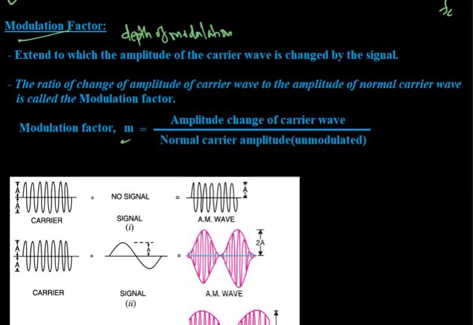The normal carrier wave is the unmodulated carrier wave. So this quantity gives the modulation factor, which represents the depth of modulation or the extent to which the amplitude of the carrier wave is changed by the signal.